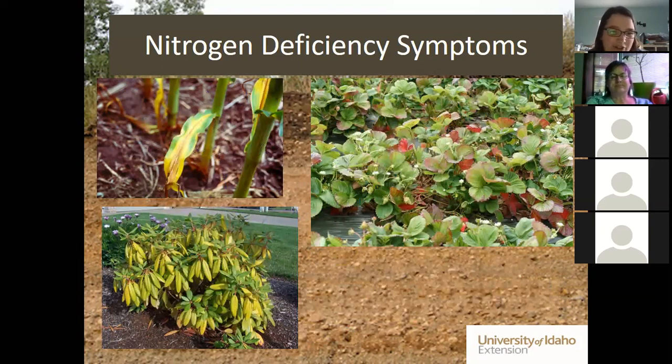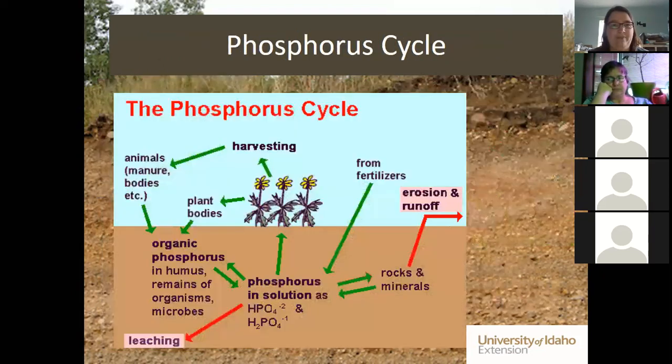And then the rhododendron: this one I think would be easier to tell because the newer leaves are still bright green and it's all the older leaves that have gotten that yellow color. This would be a little harder to tell from iron chlorosis, but in iron chlorosis your veins stay green, and in nitrogen deficiency they wouldn't. That's the telltale sign.